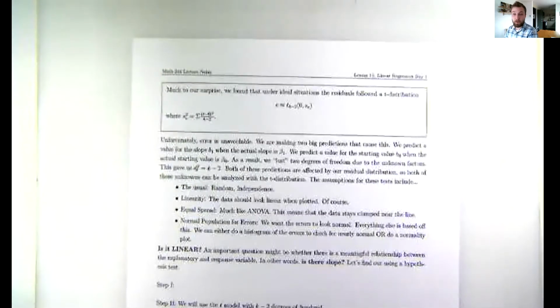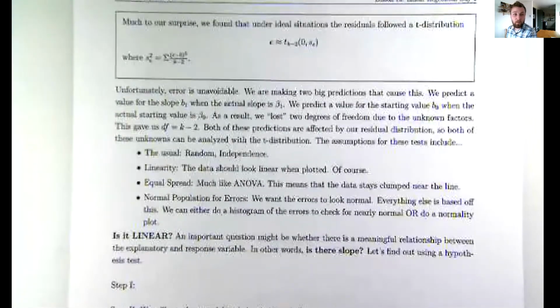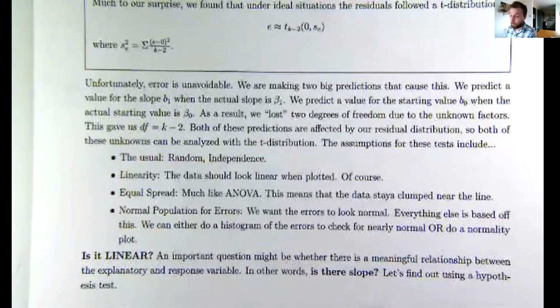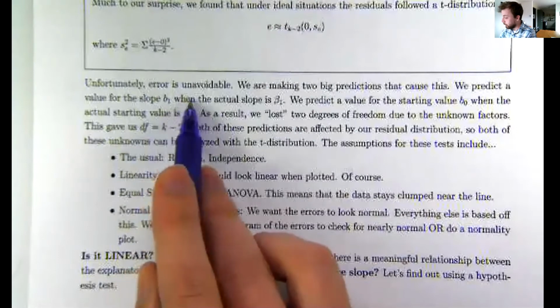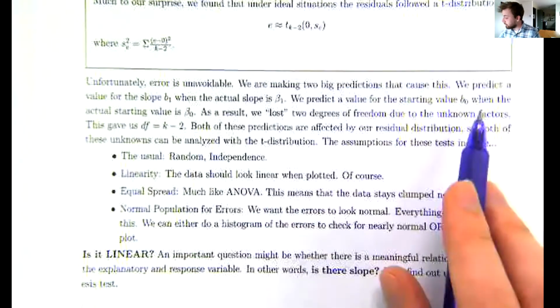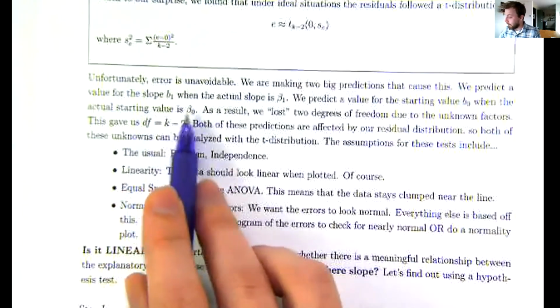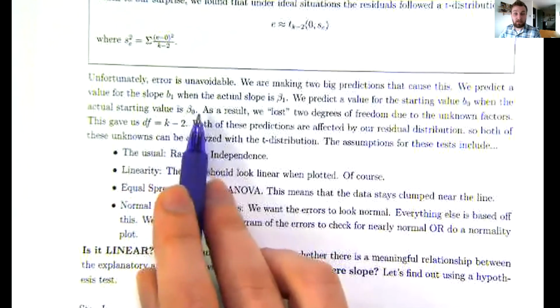So error was unavoidable, and we're making two big predictions. We predict a value for the slope, b1, when the actual slope is beta 1. We predict a value for the starting y-intercept using b0, when the actual starting value might be unknown yet, beta 0.